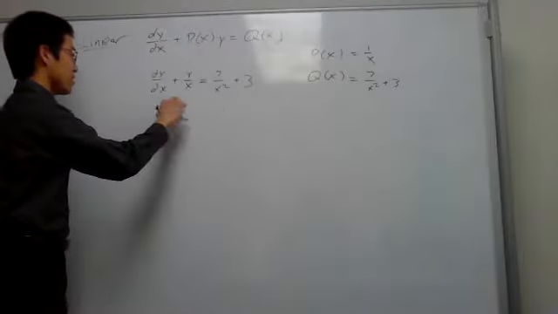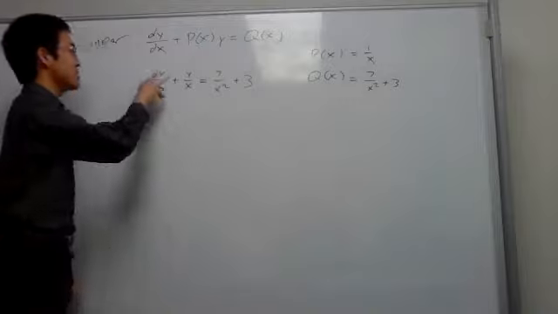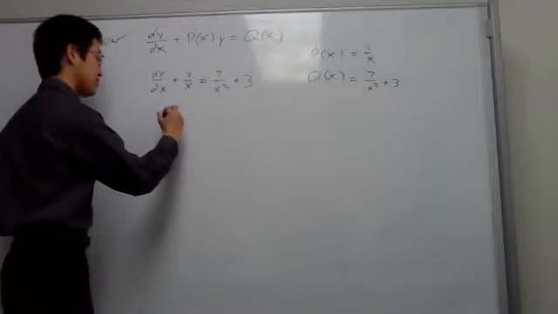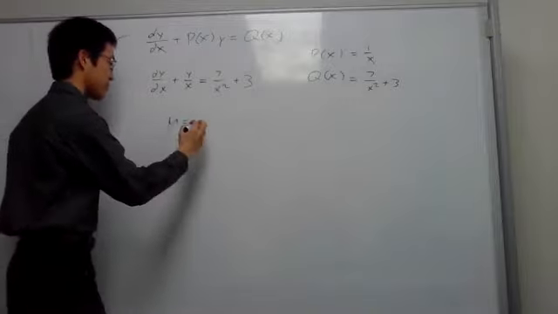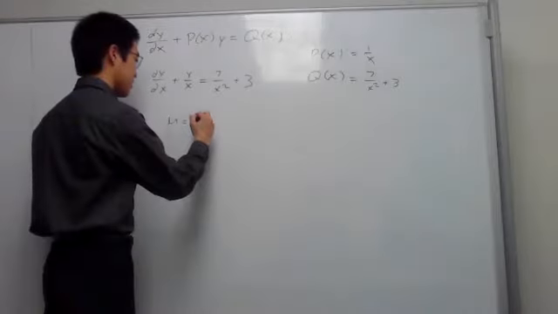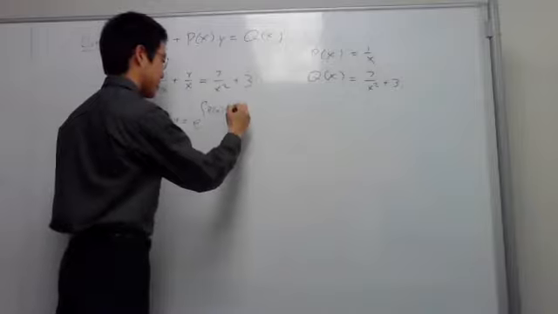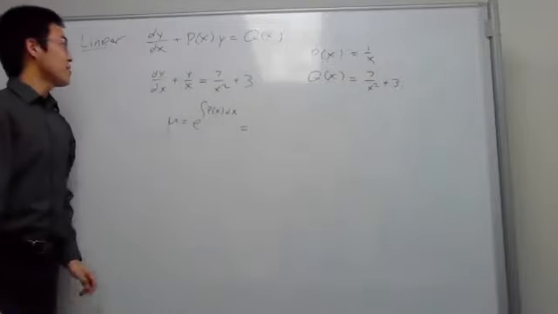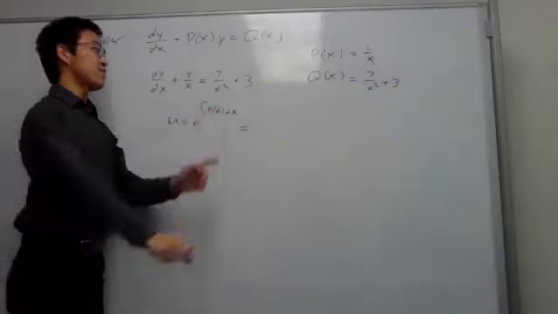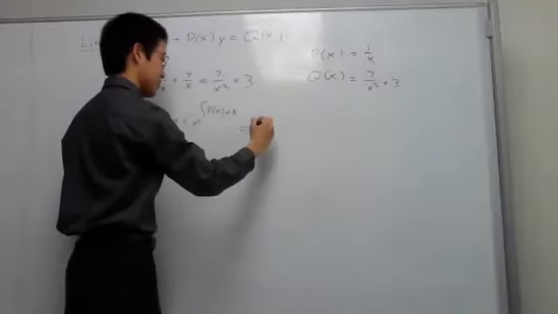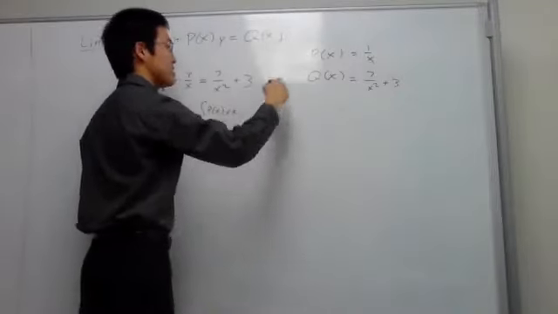So what do we need to do? We need to get the integrating factor mu. And we know this is going to be e to the integral of p(x). Okay, we don't have to go back to this and get confused because we've already stripped out our information. So we can just go right to it.